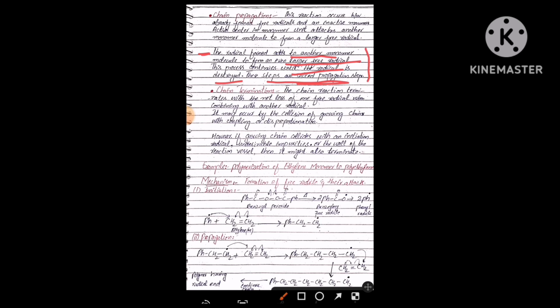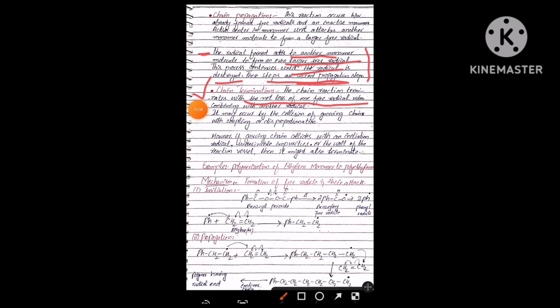The last step is chain termination. The chain reaction terminates with the net loss of one free radical when combining with another radical. We call it combining radical. Next, we will see it in the mechanism.